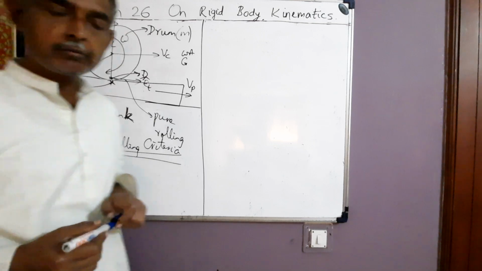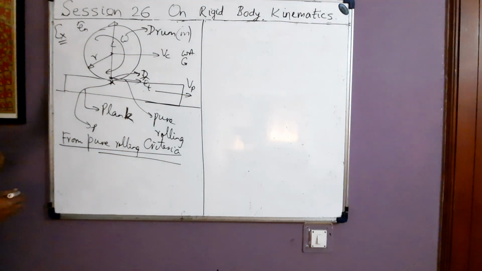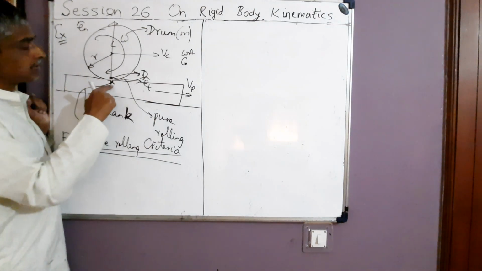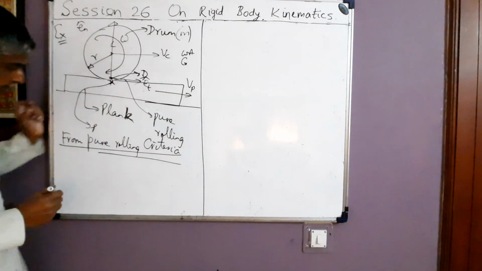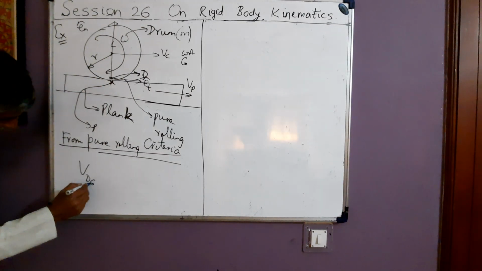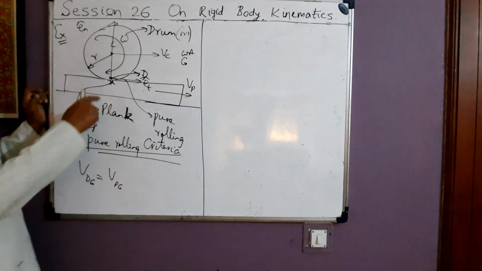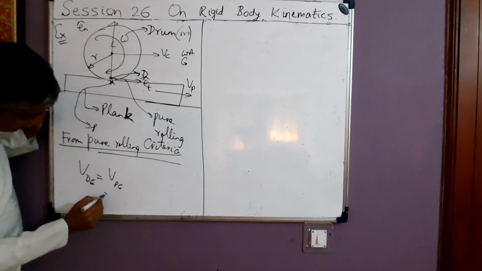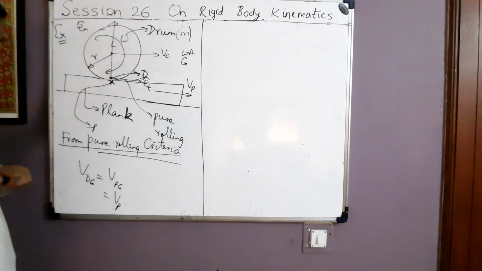That is the meaning of pure rolling. D is the material point of the drum in contact with material point P of the plank. Here pure rolling is taking place, so Vd and Vp are equal. Vdg is the same as Vpg. Vpg is the velocity of material point P of the plank with respect to ground, which is just equal to Vp, the velocity of the plank with respect to ground.